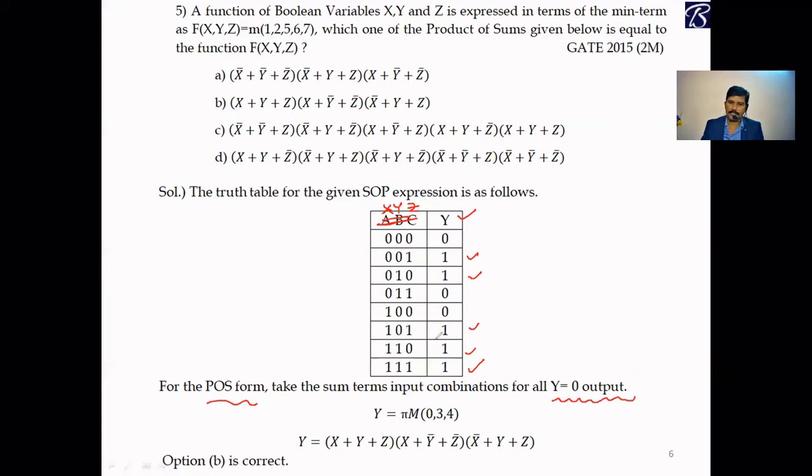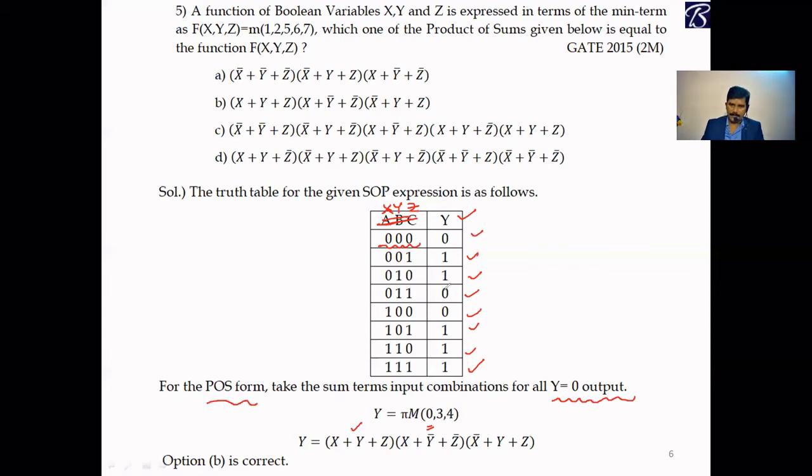So consider zeros at the output to write the POS form. So pi capital M of 0, 3, 4. For this 0, that means 0, 0, 0, that means x plus y plus z. This is the first max term.